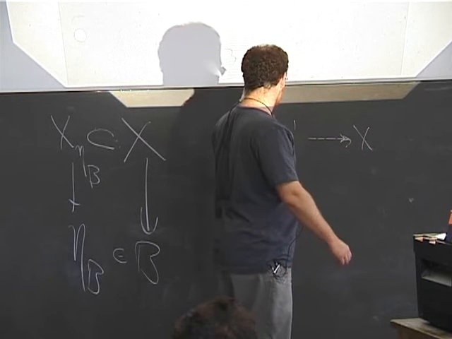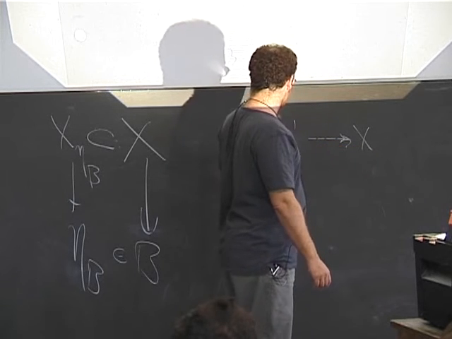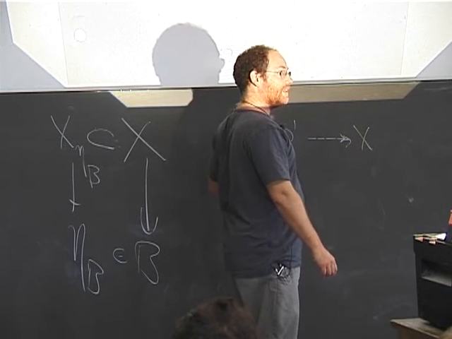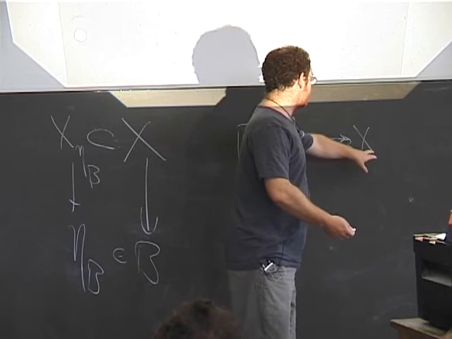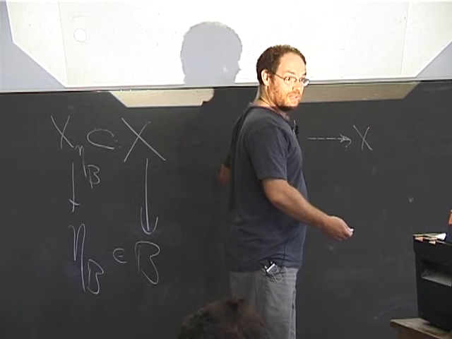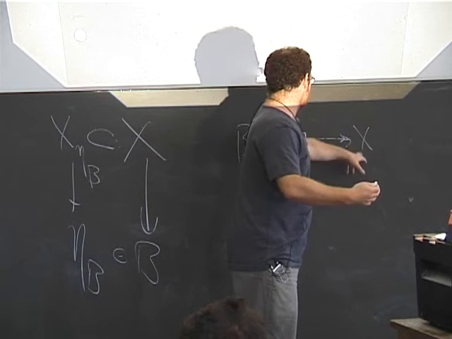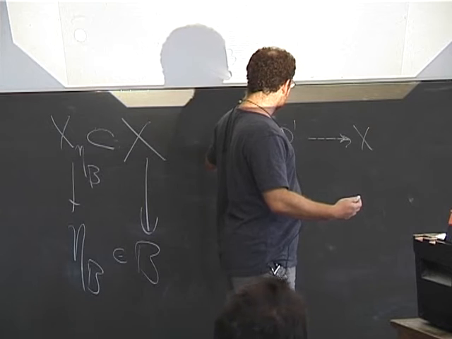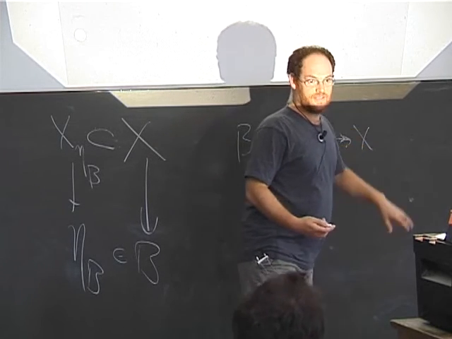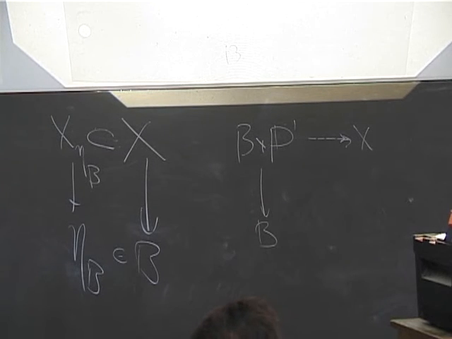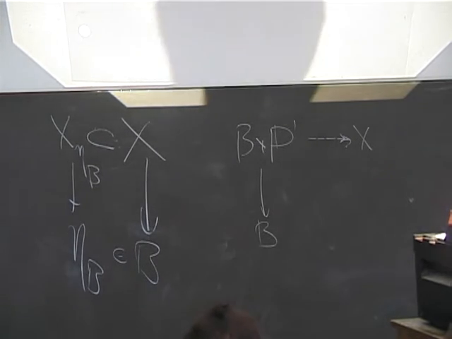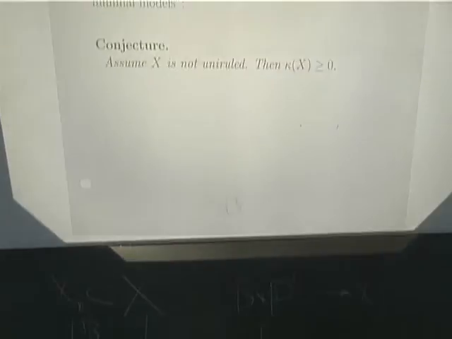And it's easy to see that if you take a generically finite cover, the Kodaira dimension can only grow, because any differential form here pulls back to a differential form here. So the space of differentials only grows. So if this has Kodaira dimension minus infinity, this must have Kodaira dimension minus infinity. This is what this says: if your variety is covered by P1s, then the Kodaira dimension has to be minus infinity.